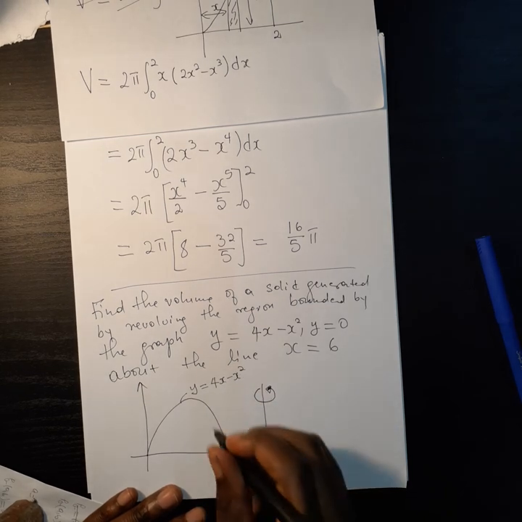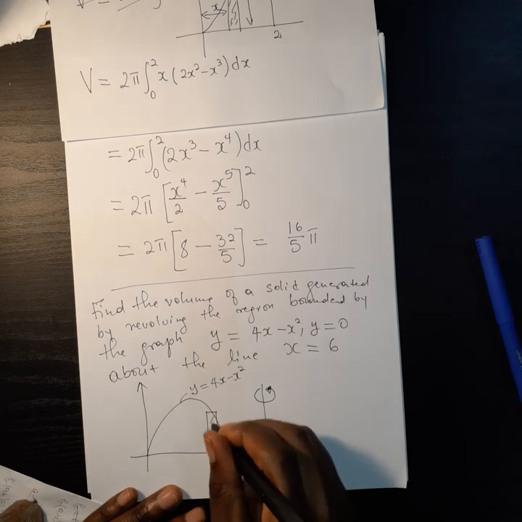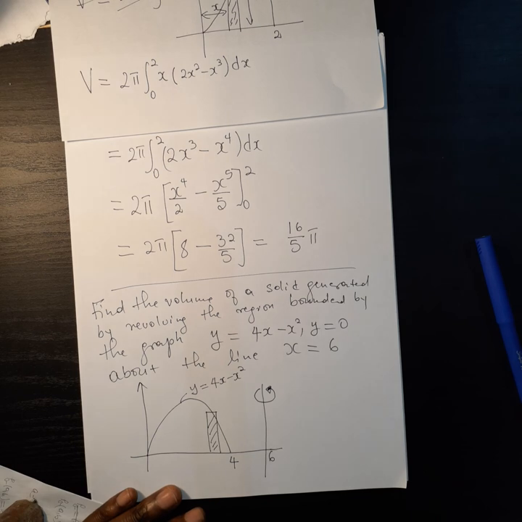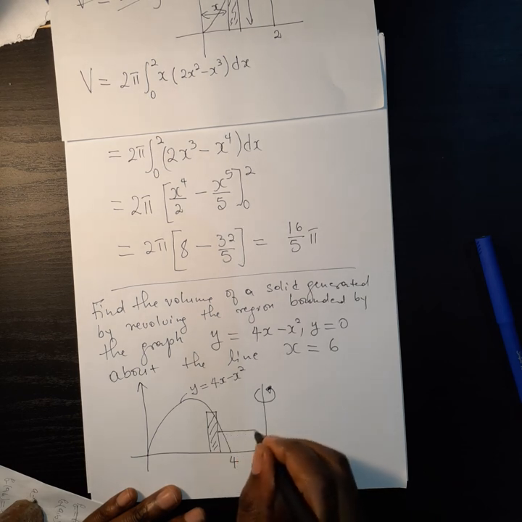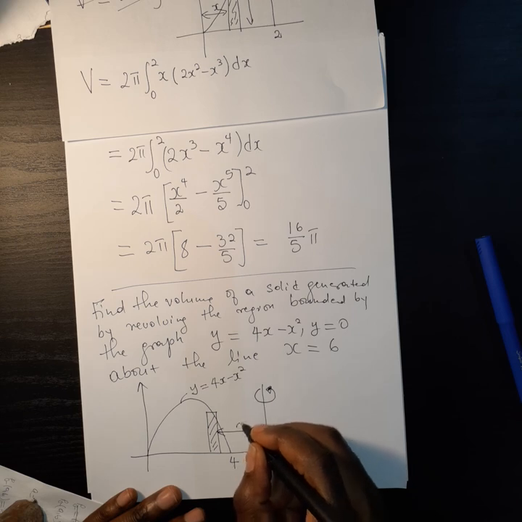So this is y equal to 4x minus x squared. Fine. Now we draw our representative rectangle parallel to the axis of rotation. This is our radius.